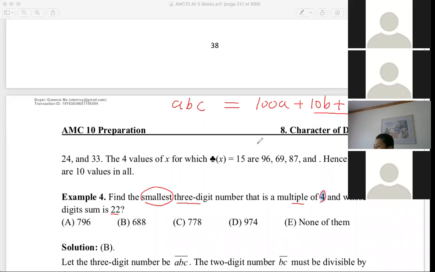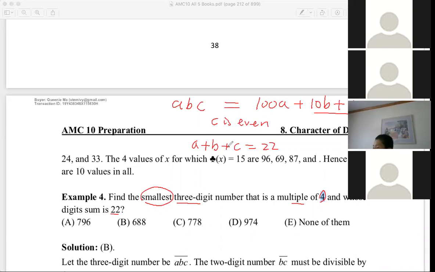And the sum of these 3 digits is 22, so A plus B plus C equals 22, okay? Since 10B plus C is divisible by 4, C is an even number. C is even, right?